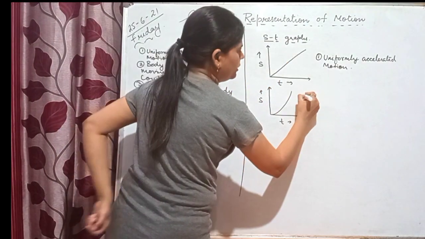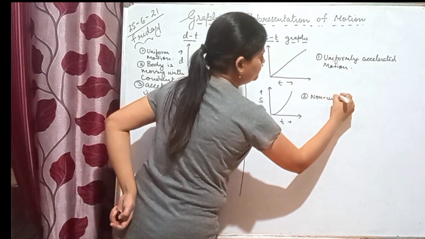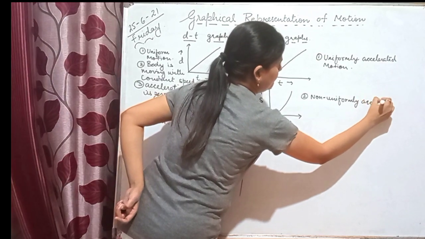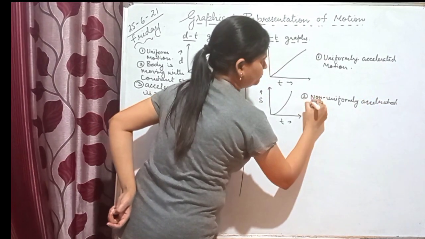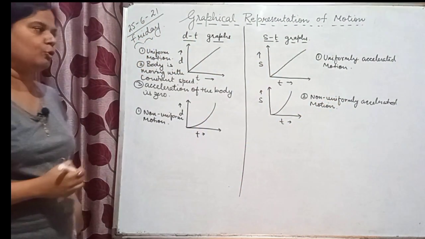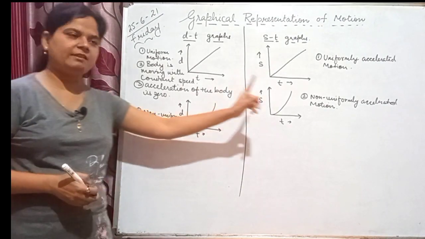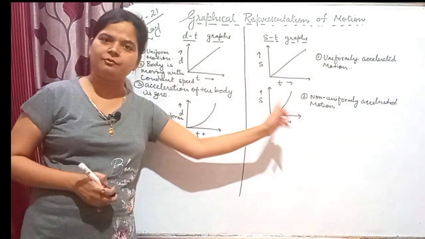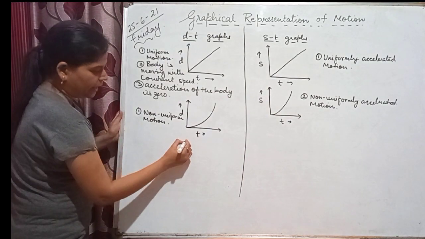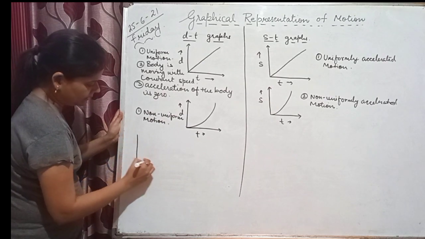So you will say that this is non-uniformly accelerated motion. Again you can see that we have similar looking graphs, but the meaning is different. So don't get confused.